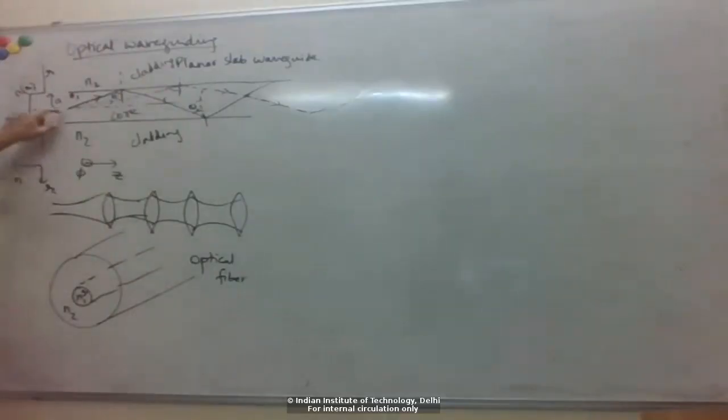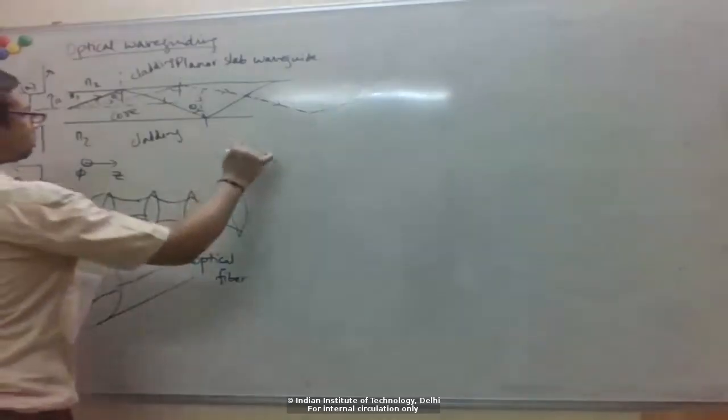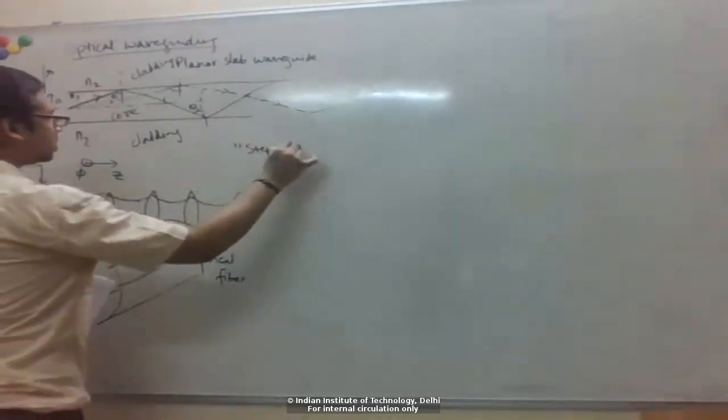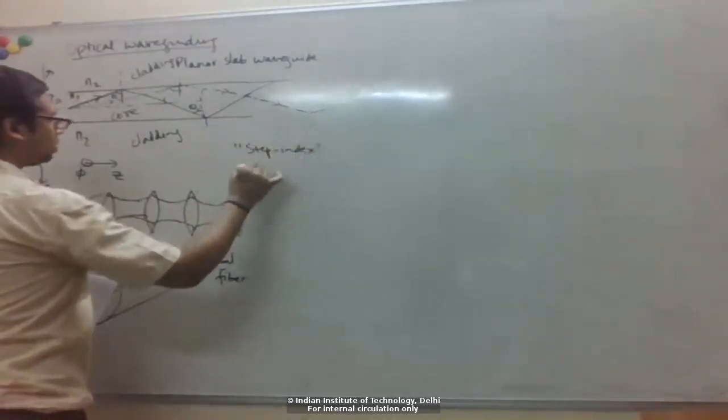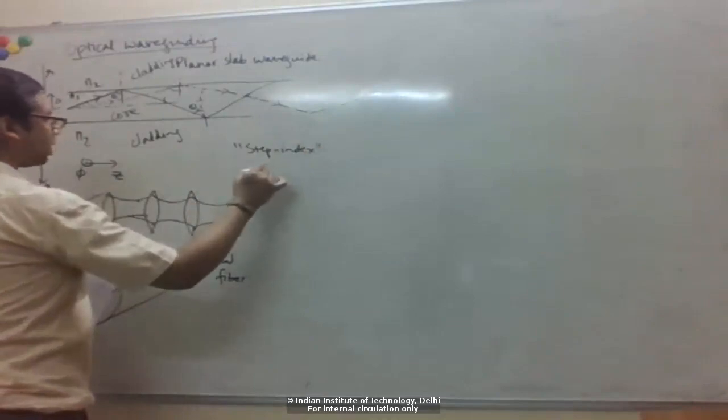So this thing where you have a constant index in the core, and then suddenly in the cladding you have a lower refractive index, is known as a step index, because there is a step here at the interface. So this is known as step index, either slab waveguide or fiber.